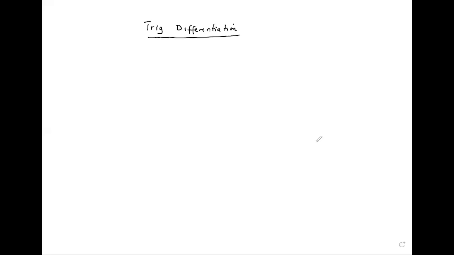So, trig differentiation. We only need two derivatives which we don't derive; we just mention them as if they are identities.